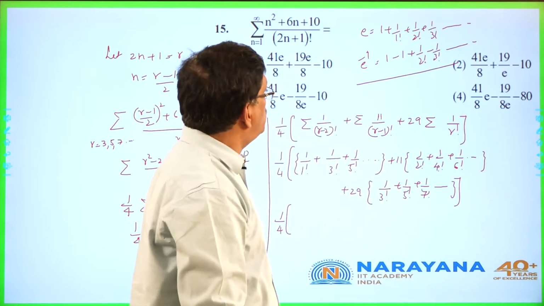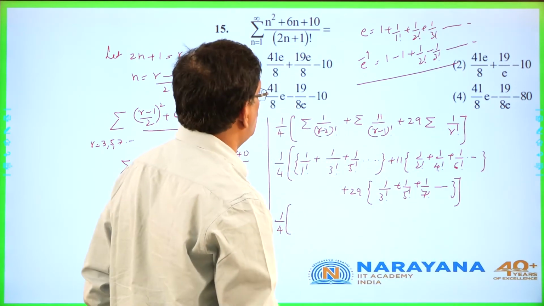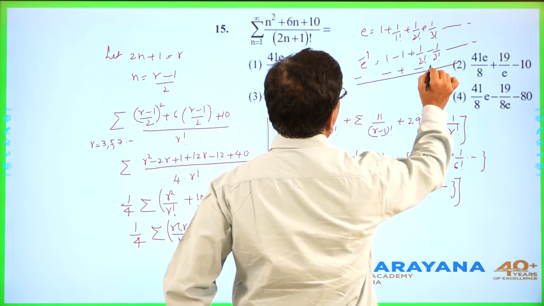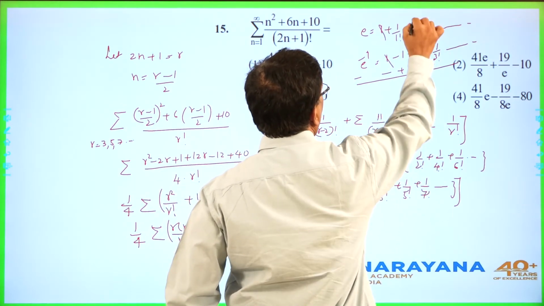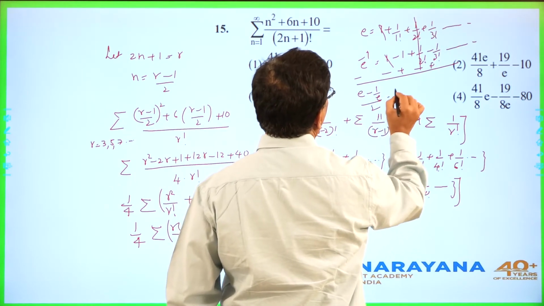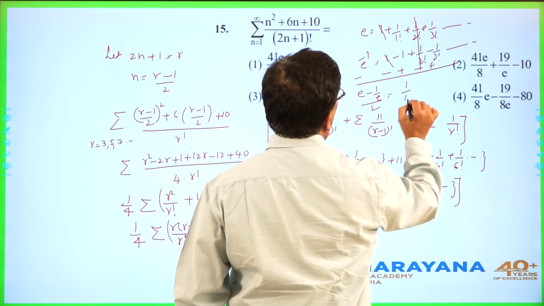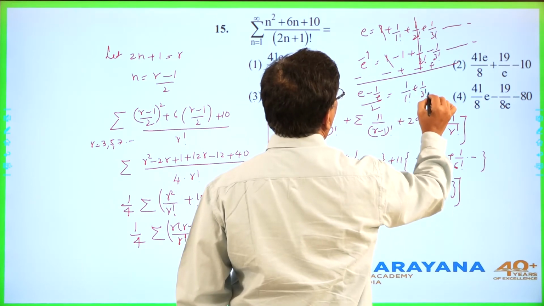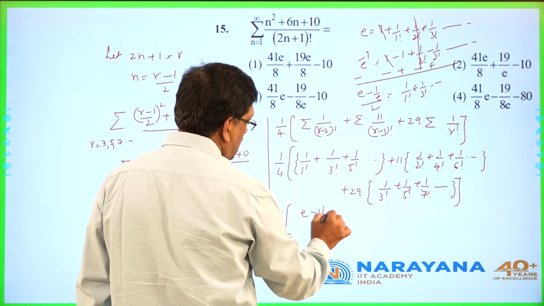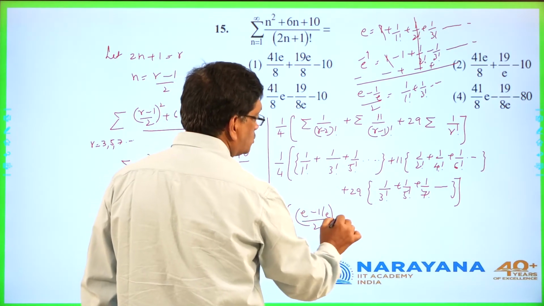So I want 1 by 1 factorial, 1 by 3 factorial, subtract it like this. So, can be cancelled. E minus 1 by e by 2 equal to 1 by 1 factorial plus 1 by 3 factorial. You mean it is e minus 1 by e by 2.